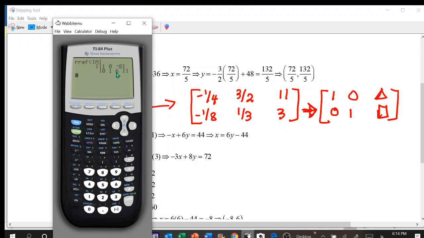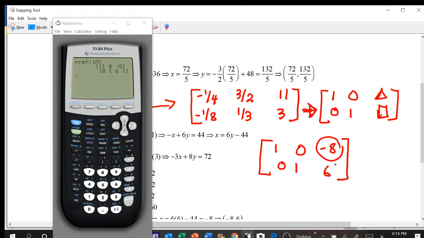See, my solutions are what? So this matrix that I needed here is 1, 0, 0, 1, and then negative 8 and 6. There. So the solution is basically x is negative 8 and y is 6. All right?